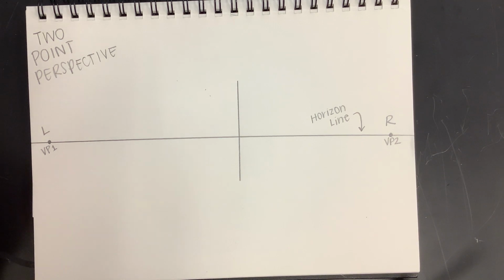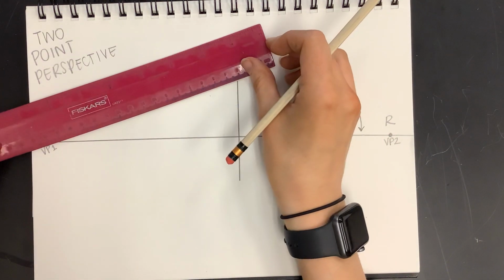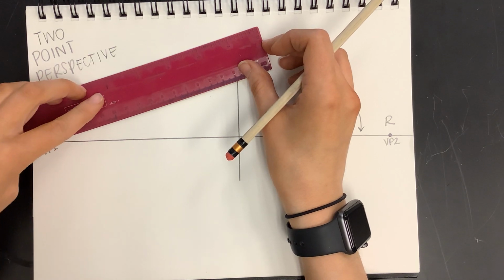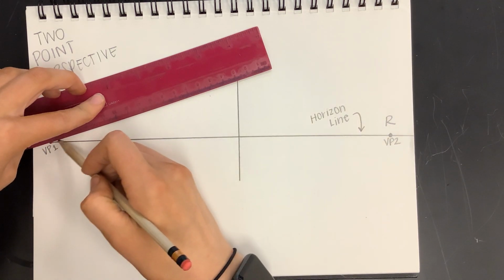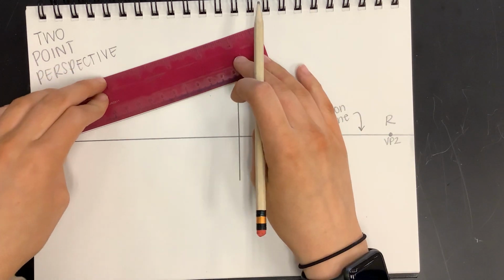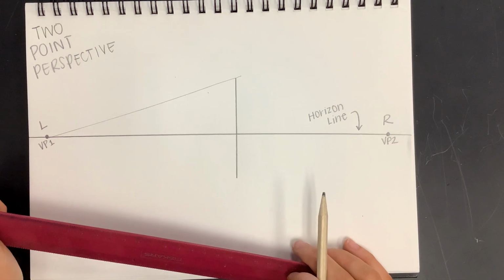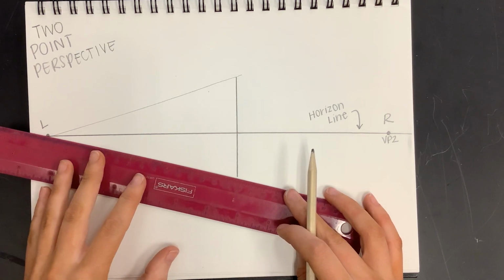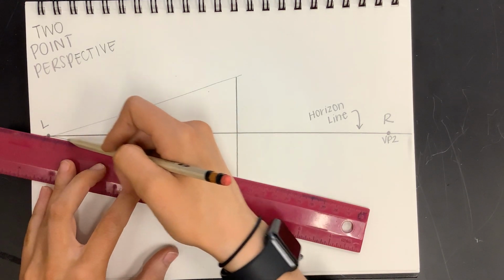line. Okay? So then I'm going to take the top of my line and I'm going to connect it to my left vanishing point. Okay? And then I'm going to take the bottom of my line and I'm going to also connect that one to my left vanishing point.